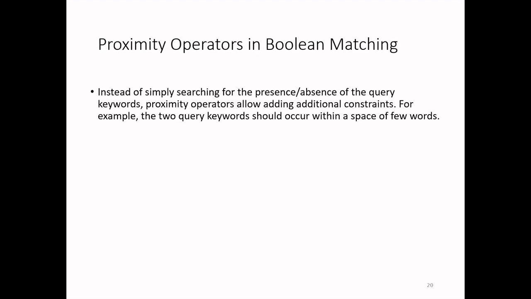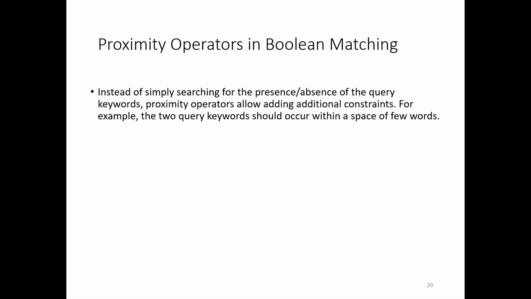Sometimes you want to give a specification where you say, well, I want this keyword to be present, I want this other keyword to be present, but I want both of these keywords to be present close to each other. That means they might be part of the same sentence, or they might be part of neighboring sentences.